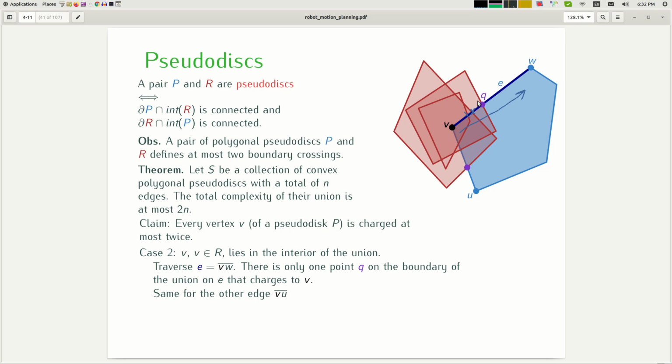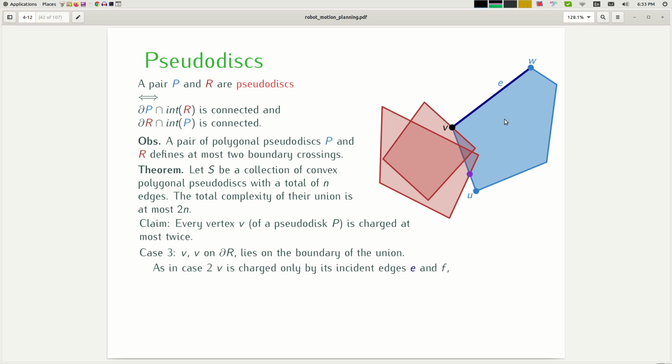This follows from the fact that we have assumed that the vertex V, and therefore this entire segment from V to Q, is inside this object. So all of those intersection points will be inside. Therefore vertex V can receive one charge from there, so we're essentially done.